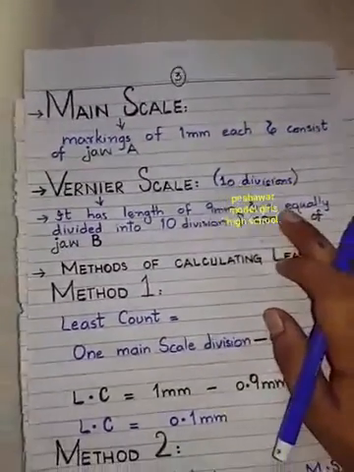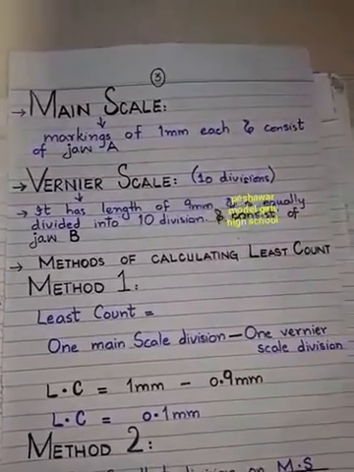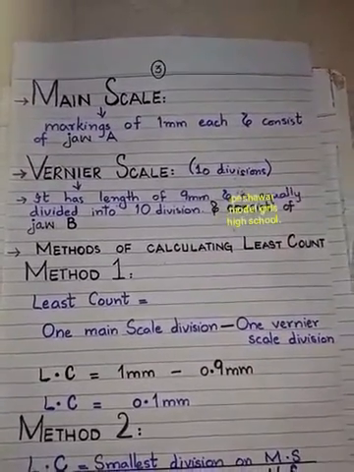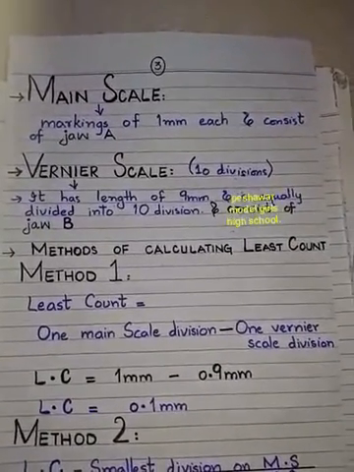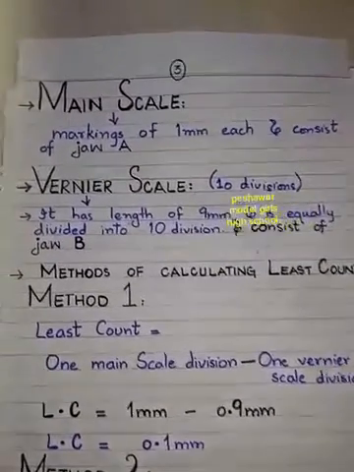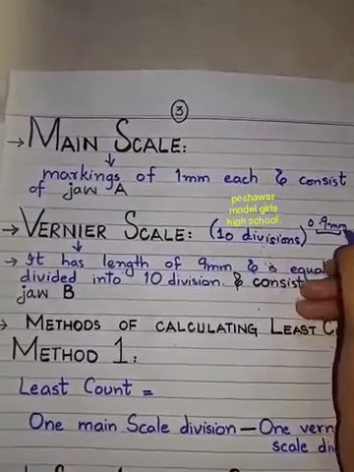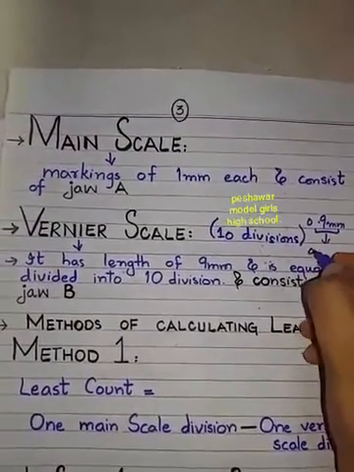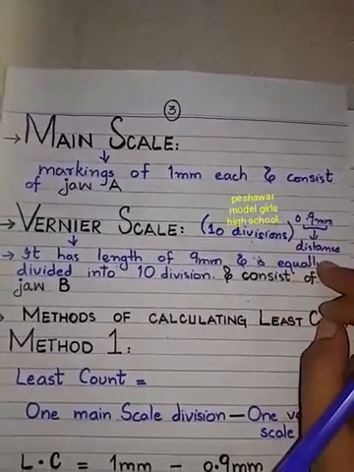The distance between each division is equal to 0.9 millimeter.